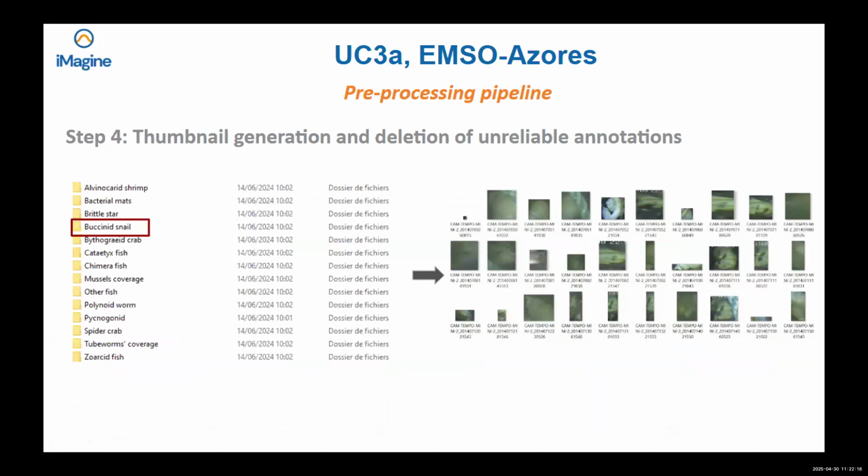This function allows users to visually inspect and verify the data quality, and they can choose to remove some thumbnails which are not relevant, and the function will take into account these changes, and the non-relevant thumbnails will not be used in the model training.